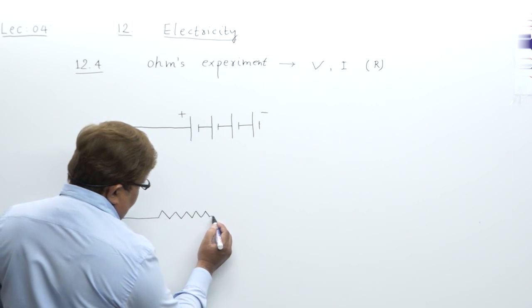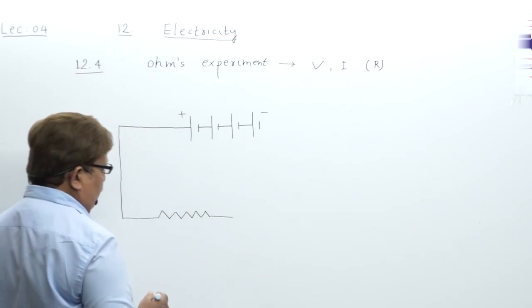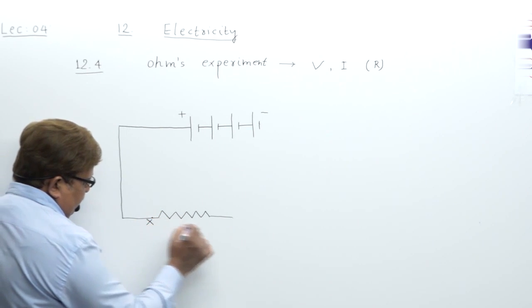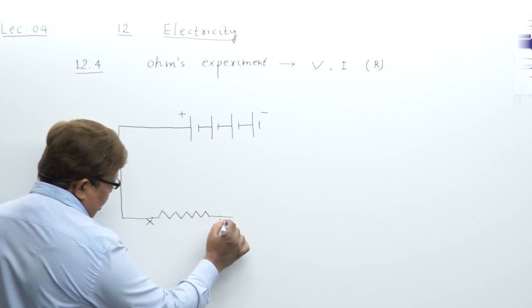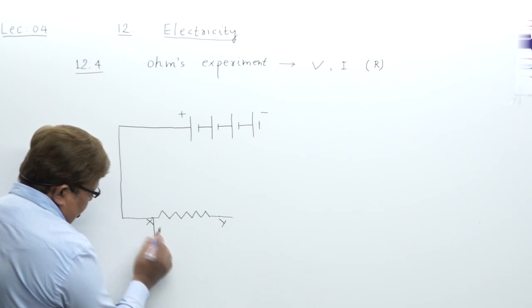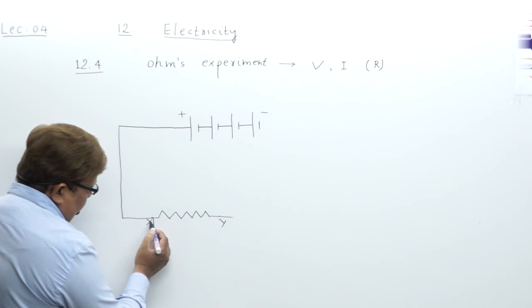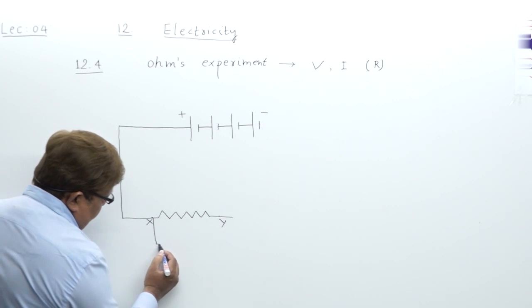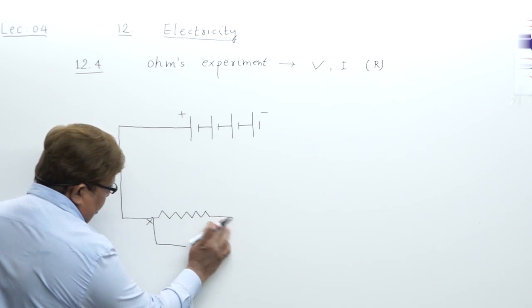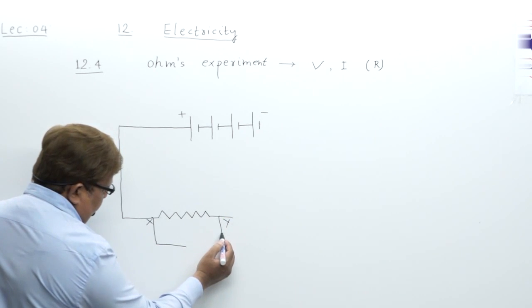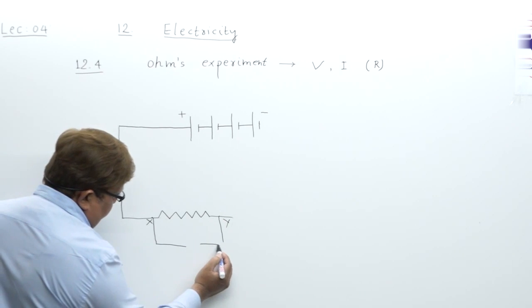To measure potential, suppose I may say this point as X and this point as Y. So if I want to measure the potential difference between two ends of the nichrome wire, I have to connect a voltmeter in parallel connection.